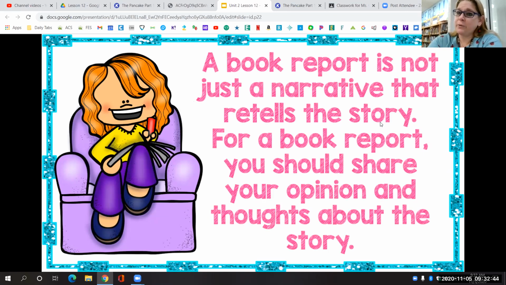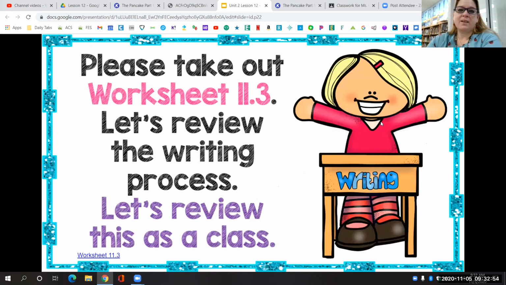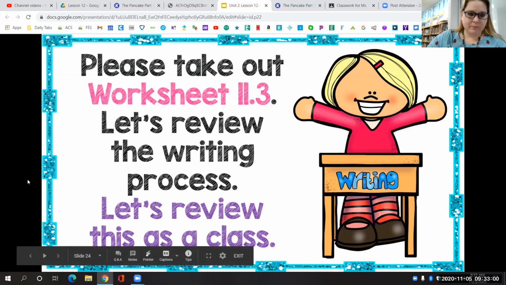Now remember, a book report is not just a narrative that retells the story. For a book report, you should share your opinion and your thoughts about the story. So we're going to look at worksheet 11.3 to review the writing process. You guys were supposed to have done this yesterday for classwork.